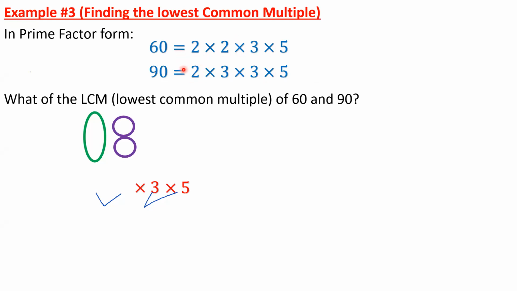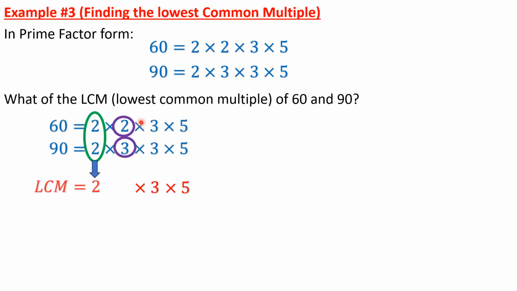Now, in order to find the lowest common multiple, we have to list out the prime factorization again, and then we're going to circle the ones that are common. The ones that are common in this one is definitely 2. Is there anything else that is common besides the 2?